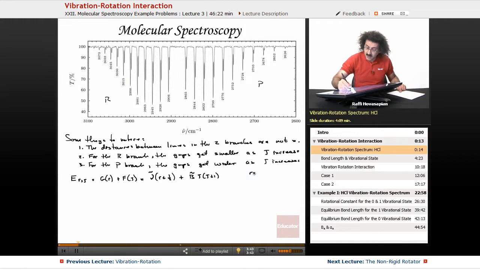And again, v goes 0, 1, 2, and J equals 0, 1, 2, and so on. Now in this particular case, B, the rotational constant, is equal to Planck's constant over 8π²c times the rotational inertia. And the rotational inertia happens to be the reduced mass times the equilibrium bond length squared.